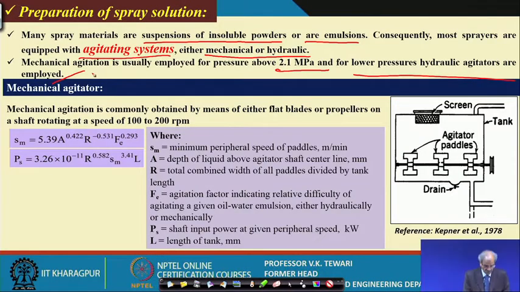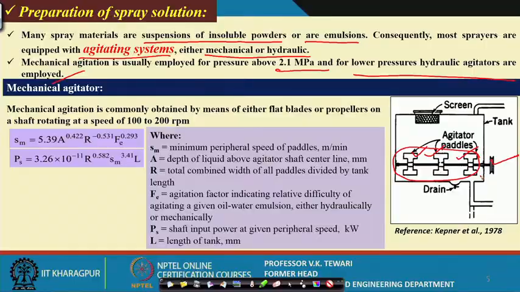So, when you are talking of mechanical agitators, what will be there in a mechanical agitator? You definitely have this one. See, these are the paddles as shown here. When this shaft rotates, you can give power to this pulley here. When you give power to this pulley, there will be rotation, and then these paddles will move inside.